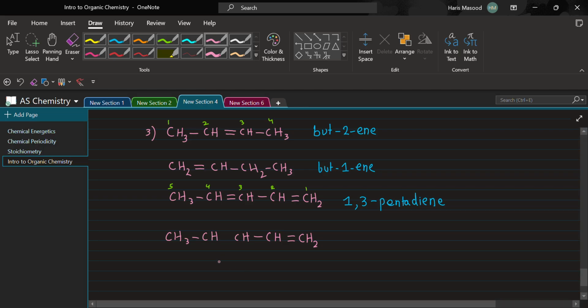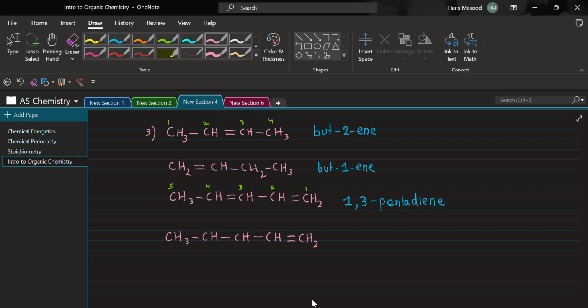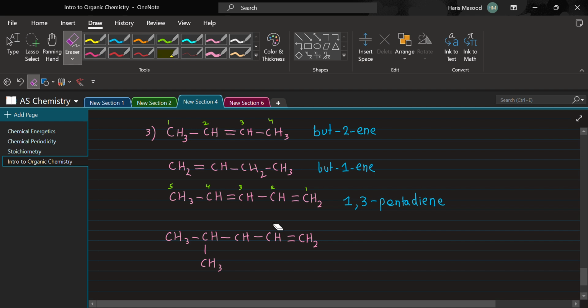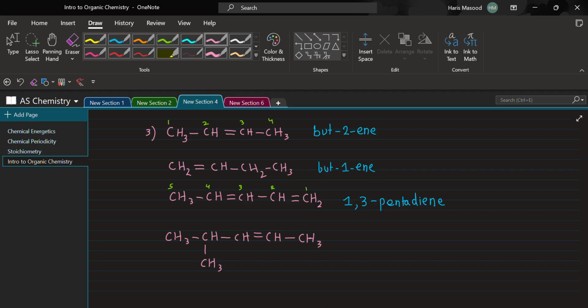Okay, we'll draw it like this, CH2. I'll draw a branch here, and I'm moving the double bond here. Now we have one alkyl group and one functional group.